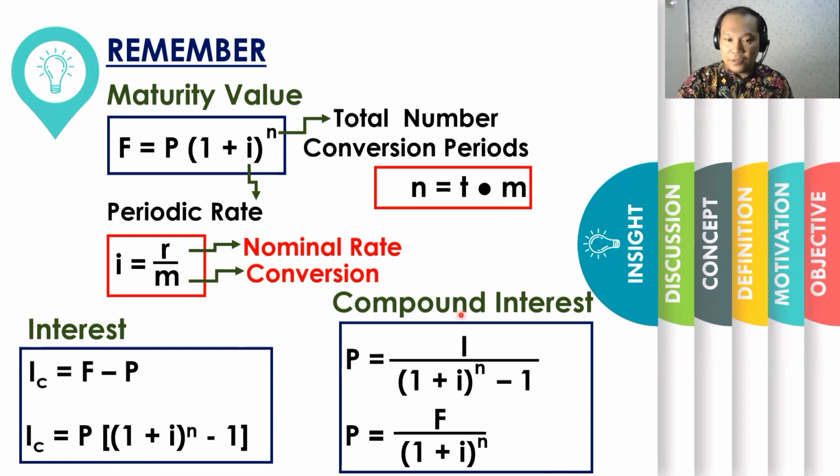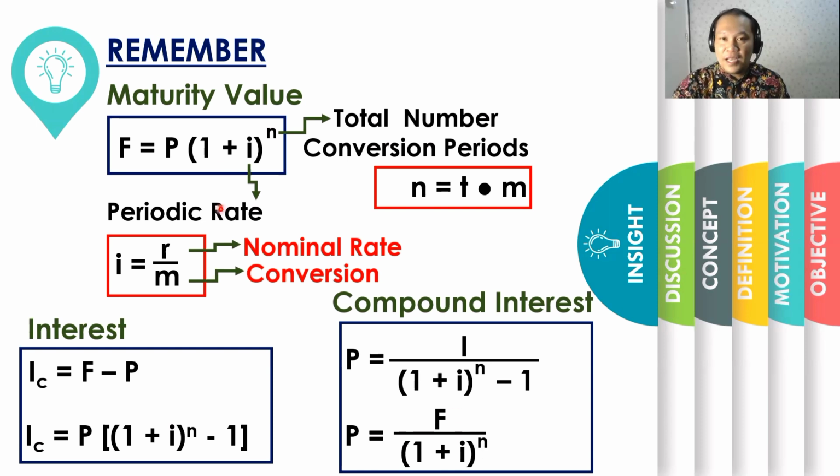And for the compound interest as to the principal amount, meaning if we are looking for the principal amount, P is equal to I, which is the interest, divided by the quantity 1 plus I raised to the power of n minus 1. Or you can have the maturity value divided by the quantity 1 plus I raised to the power of n.